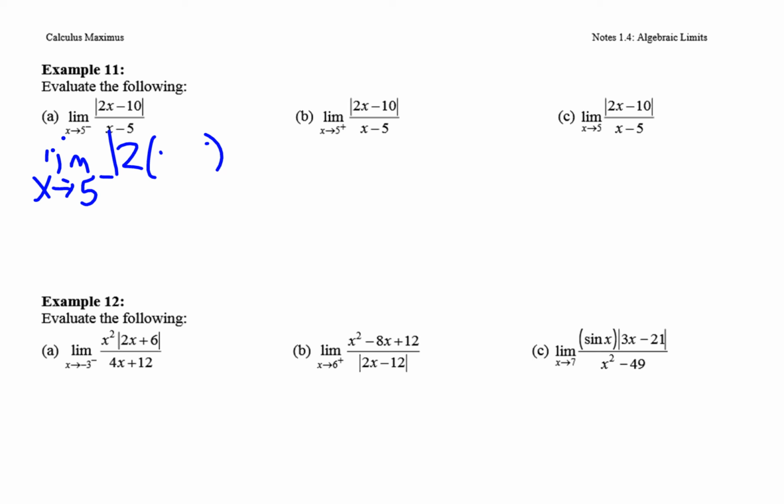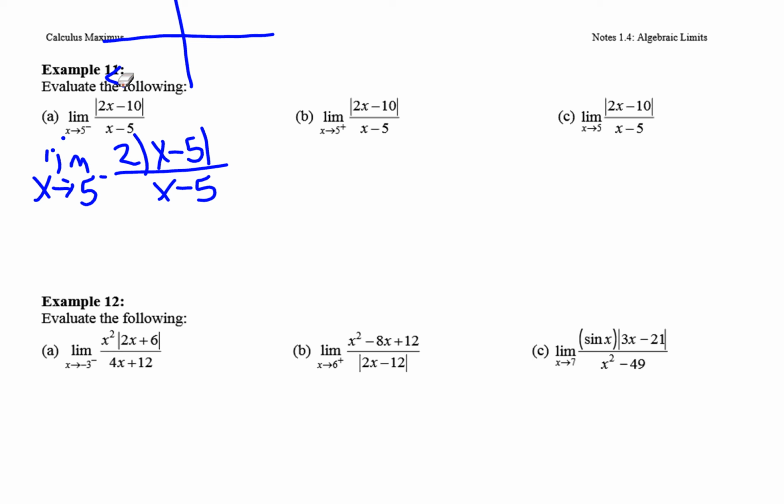If I pull out that x minus 2, it's not going to change the value. Okay, and now what we can think about this is just like that graph. It just moved over to the right 5.